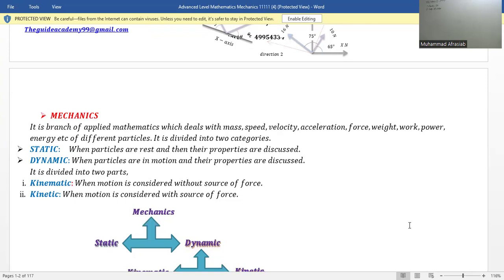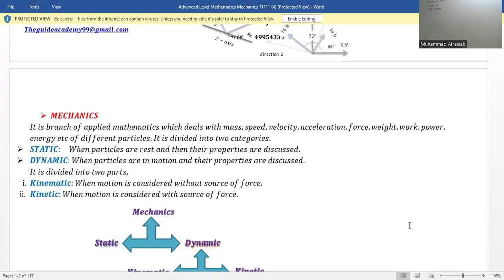It is divided into two categories, static and dynamic. Static is that branch when the particles are at rest and then their properties are discussed. Dynamic is when the particles are in motion and then their properties are discussed.